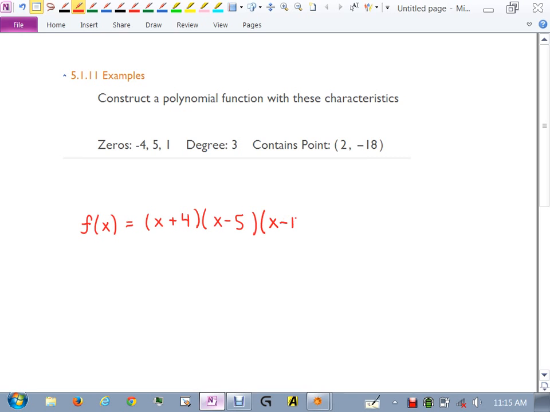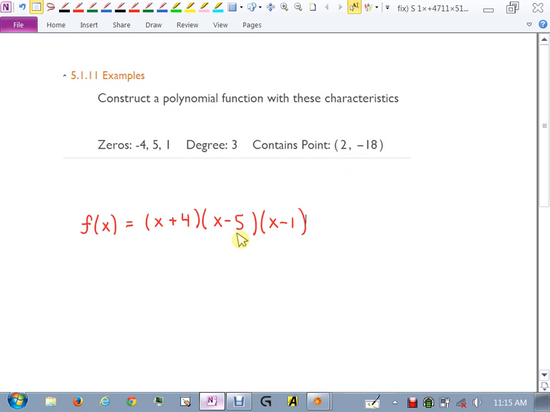X minus 1. Okay, I have to be a third-degree polynomial. Is this a third-degree polynomial? Yes, if I multiply these together, we get x cubed, so I'm good with that. The only condition left is that I have to contain this point.